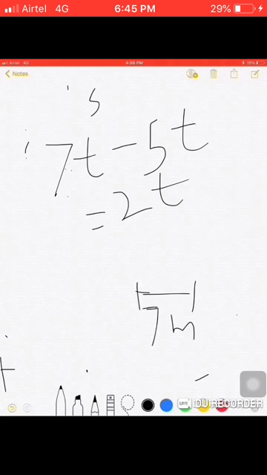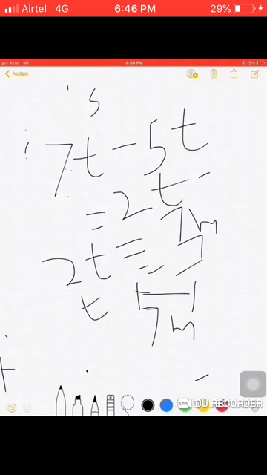So this 2t, this distance, is equal to 7 meters. t is equal to 7 by 2, which is 3.5. So t is equal to 3.5 seconds. This is the thing we got.